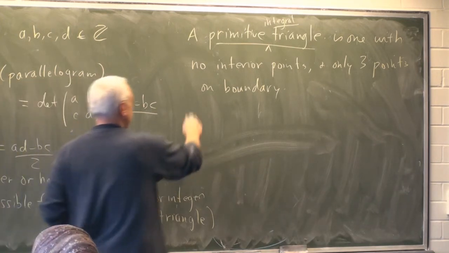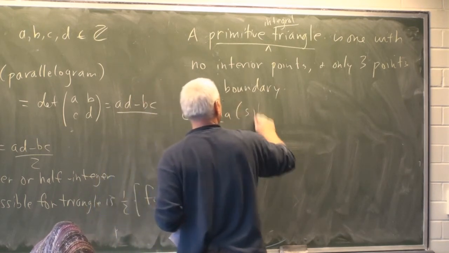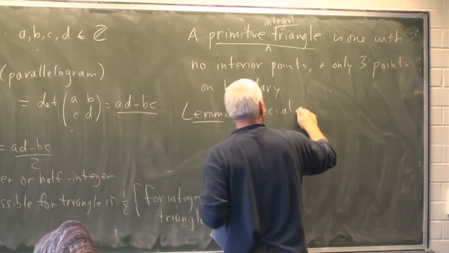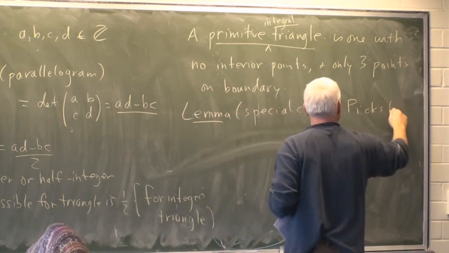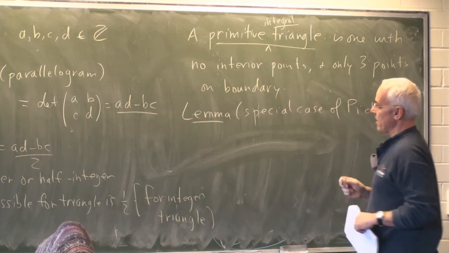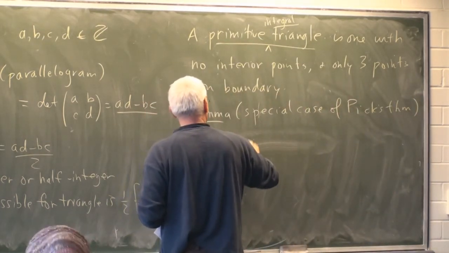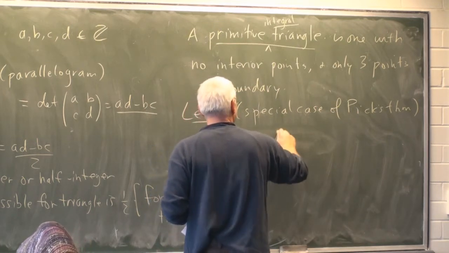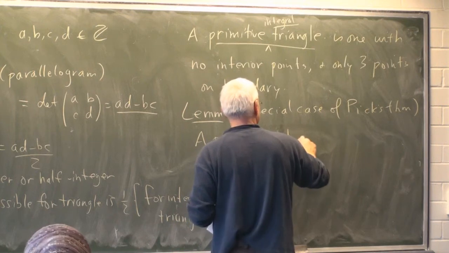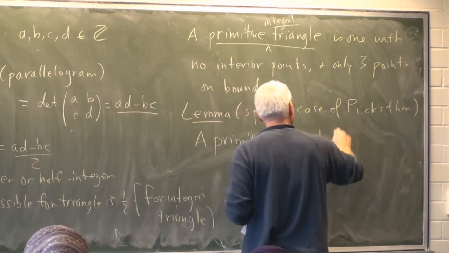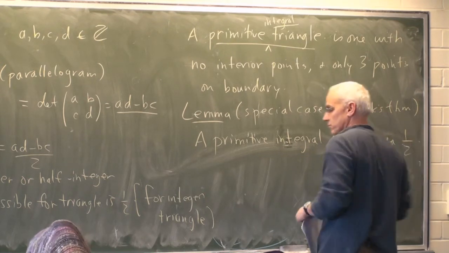So this is actually a lemma. This is a special case of Pick's Theorem. The lemma is that a primitive integral triangle has area 1/2.